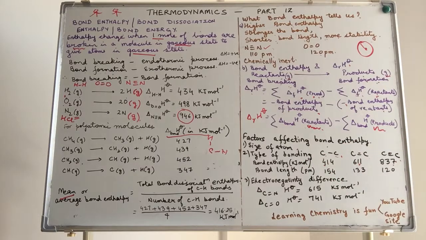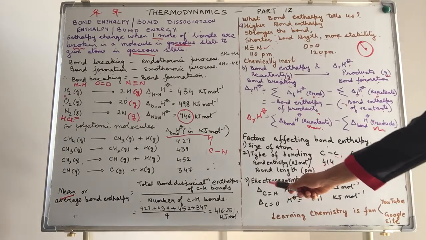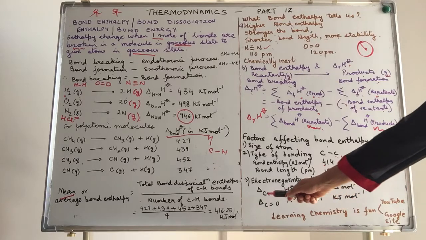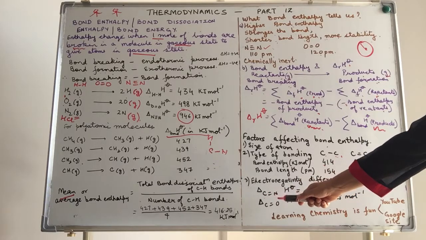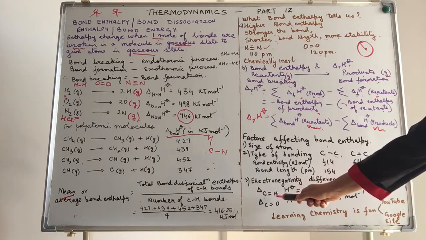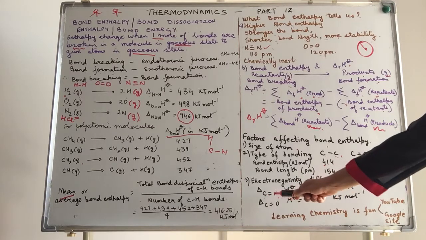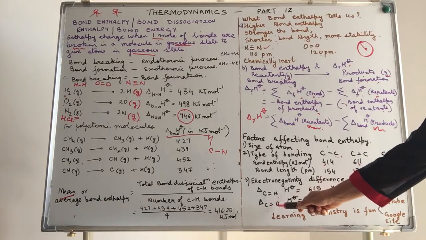Electronegativity difference. Now here, we are talking about C double bond N. That means if we are breaking the bond between carbon and nitrogen, they are doubly bonded, or carbon and oxygen, again they are doubly bonded.